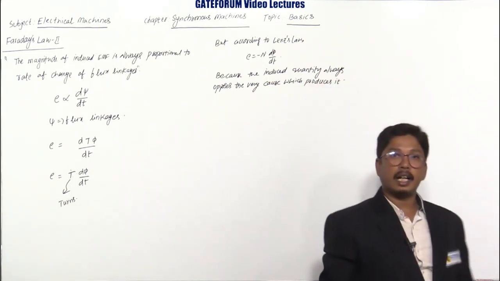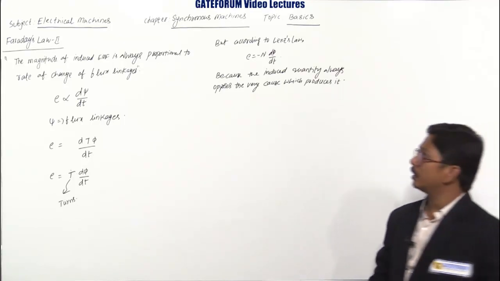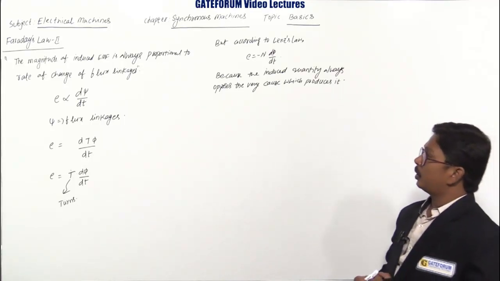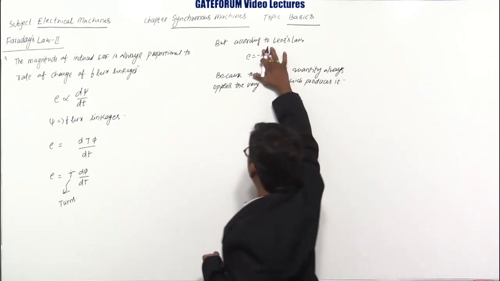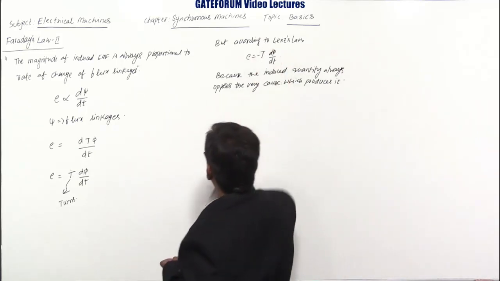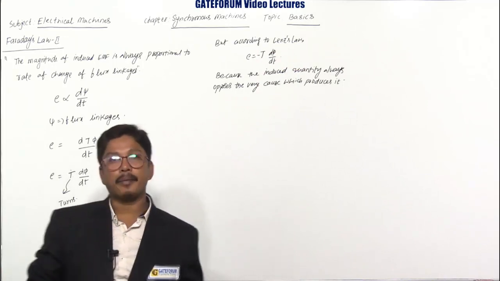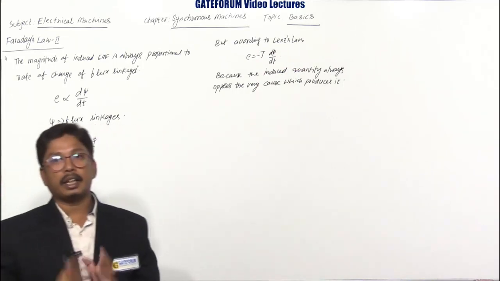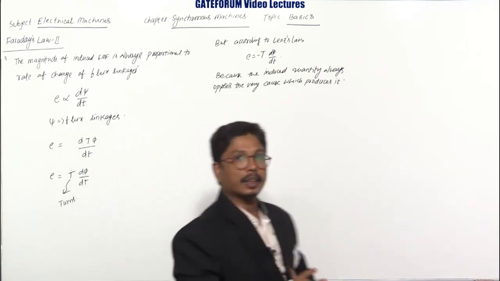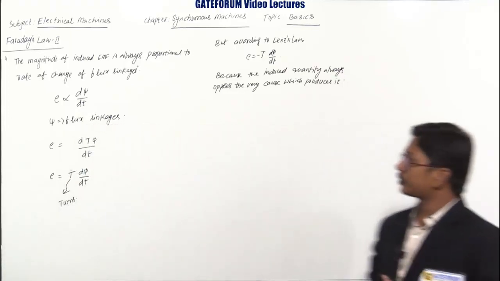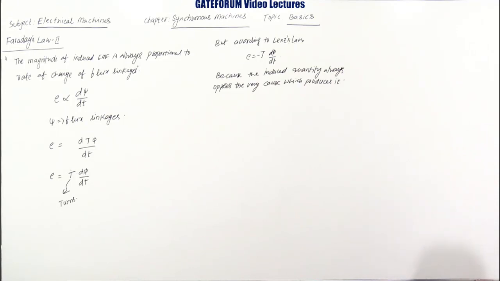So the induced EMF E equals minus T into d phi by dt, and the minus sign is because the induced quantity always opposes the very cause which is producing it. This is Faraday's second law.